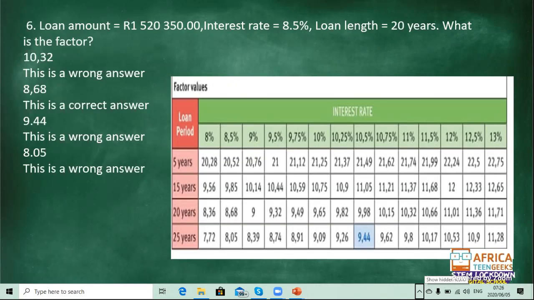So meaning that if you divide by a smaller number, then you get a bigger value. But if you divide by a bigger number, the value becomes smaller. So if you are going to pay in 5 years, then you'll see that it will definitely affect your repayment there as well.